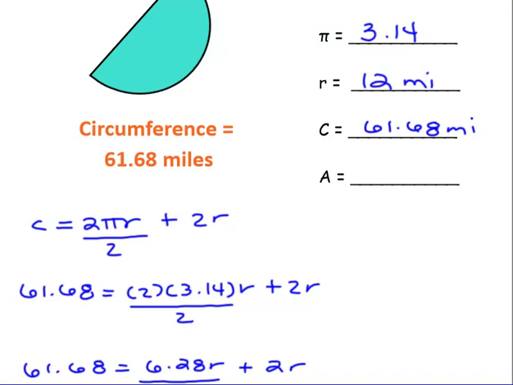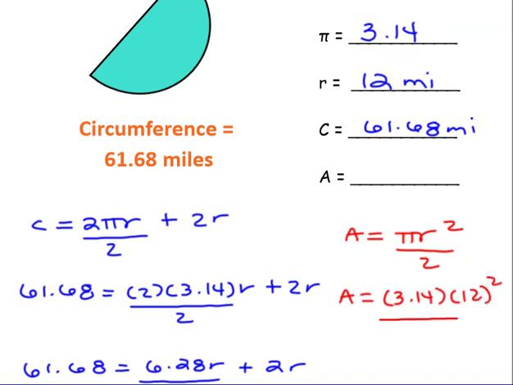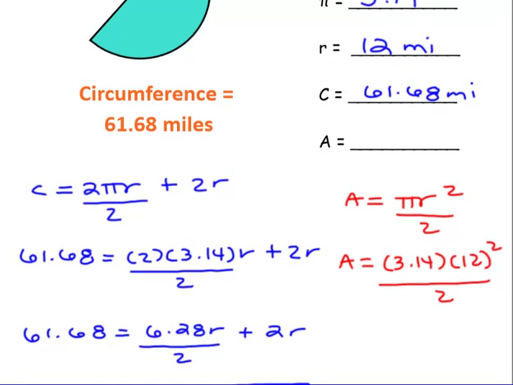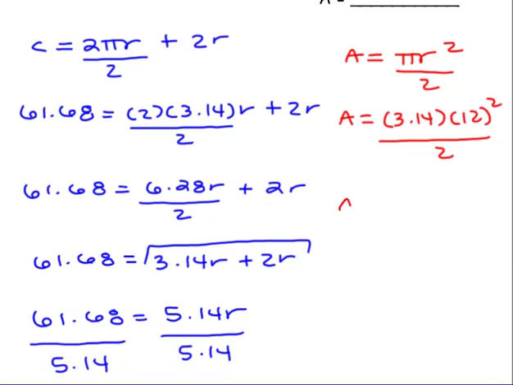Now I'm going to work forwards to calculate my area. So area equals pi r squared divided by 2 because it's a half circle. Area equals 3.14 times 12 squared divided by 2. So area equals 3.14, 12 squared is 144, divided by 2.